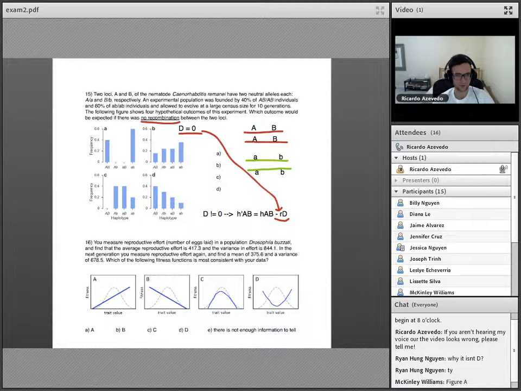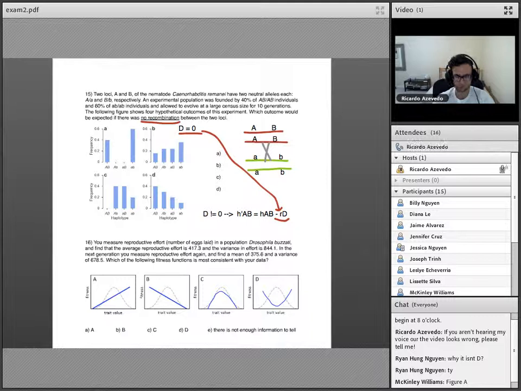If there's no recombination, you're not going to have this crossover. So you're not going to have uppercase A, lowercase b, and lowercase a, uppercase b. These recombinants are not going to exist. So at the end, you're going to have the parental types. The recombinants are generally referred to as non-parental types. So at the end of these generations, you're going to still have the same parental types because there was no recombination whatsoever. So any question thus far?